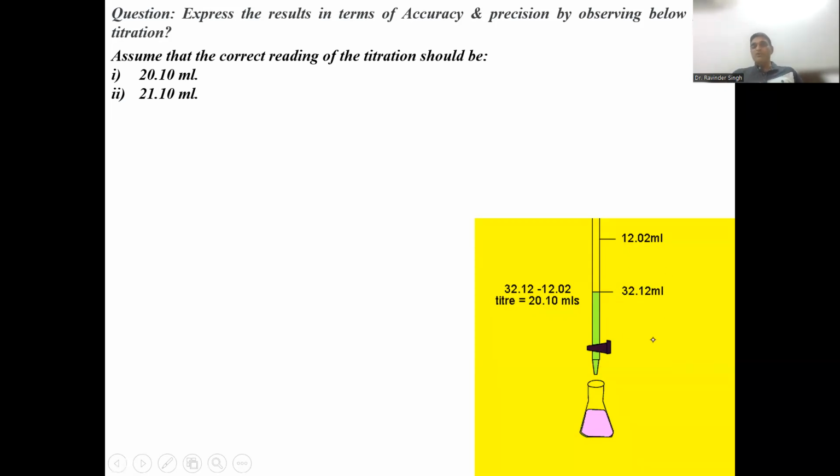So the volume of the solution used during the titration to get the final result is 20.10 ml. So according to the first one, what about our result? The result is both accurate and precise.